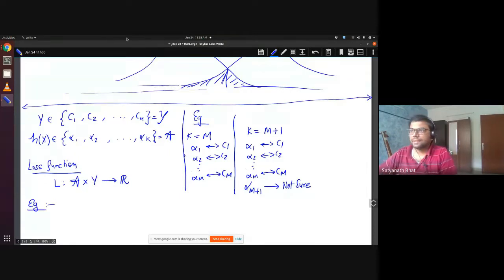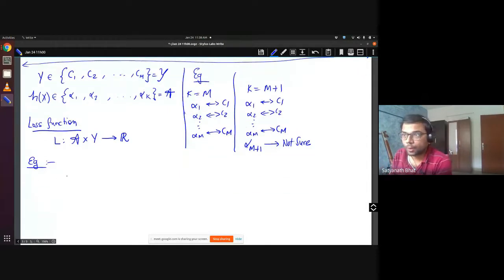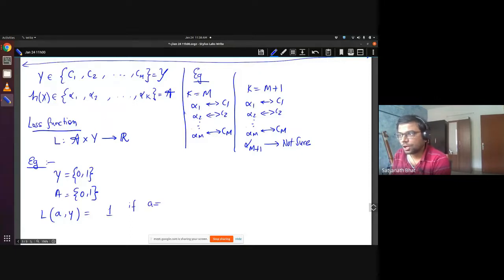Let us say y is equal to 0 1, my action space is also 0 1, and suppose L of small a comma y is equal to 1 if a not equal to y, 0 otherwise. This is called the 0 1 loss.